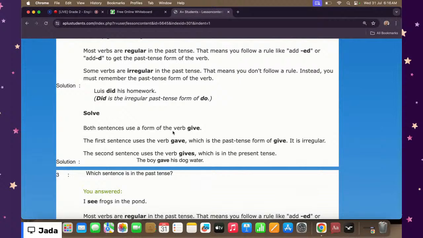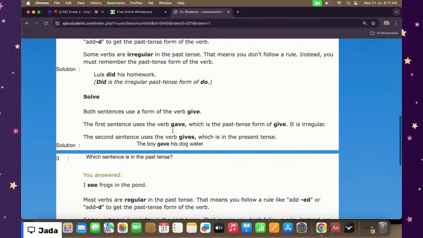Okay, so we have gave as the past tense of give. All right, and gives is the present tense. Hi Angel, hi Chineye. So gives, and gave.